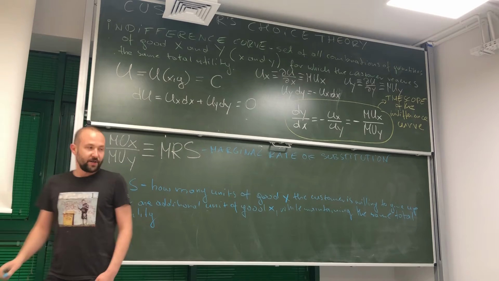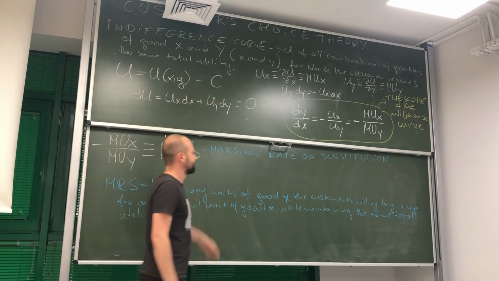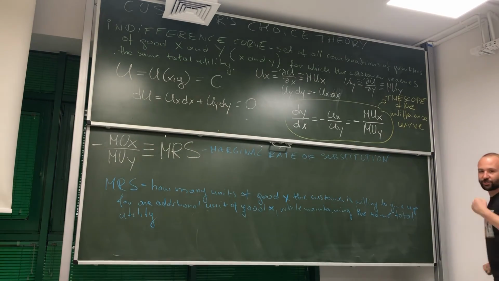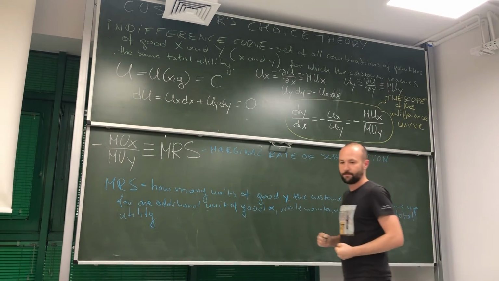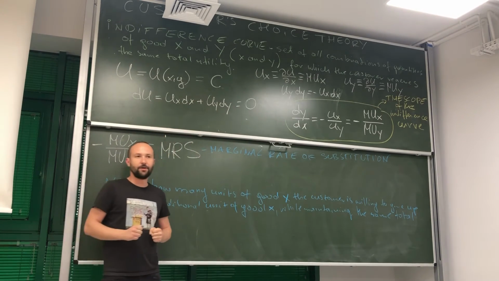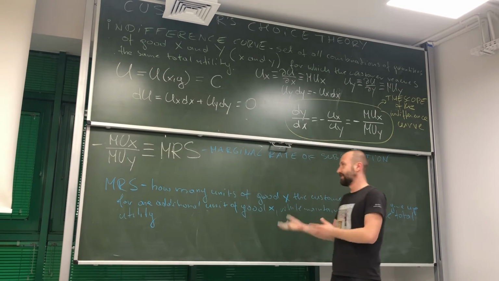Okay, so look, generally, this marginal rate of substitution is telling you on the margin how much the customer is willing to give up of one good for one additional unit of the other.